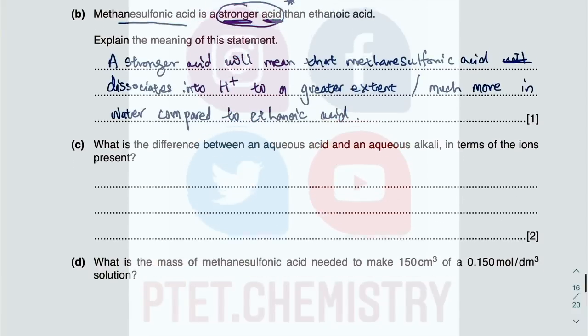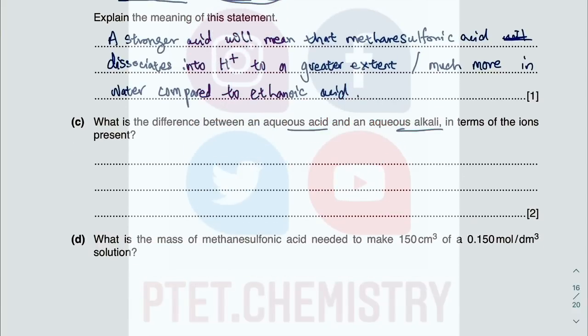So what's the difference between an aqueous acid and an aqueous alkali in terms of the ions present, all right? An aqueous acid will have more H plus than OH minus ions, okay?